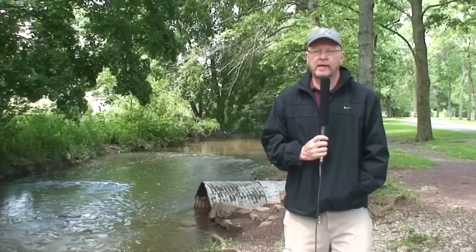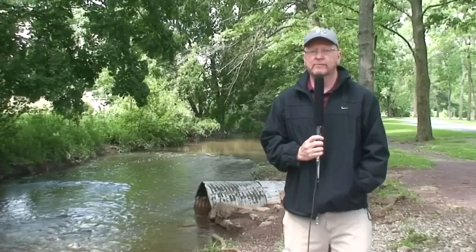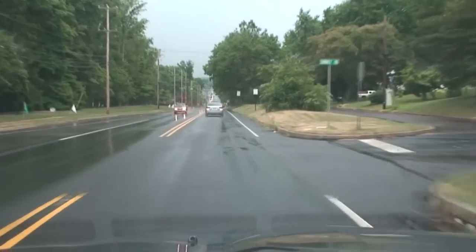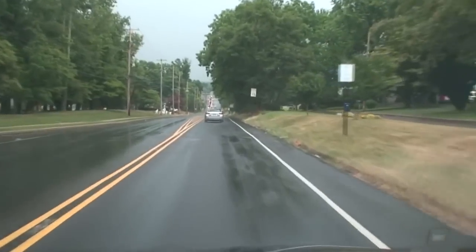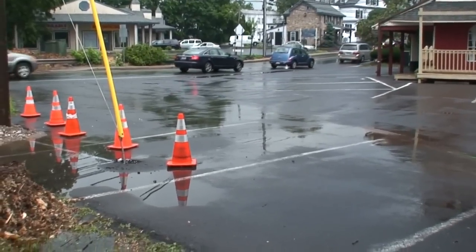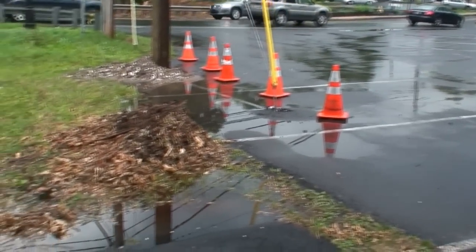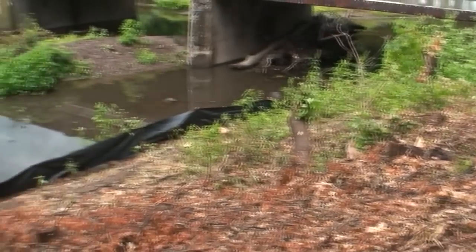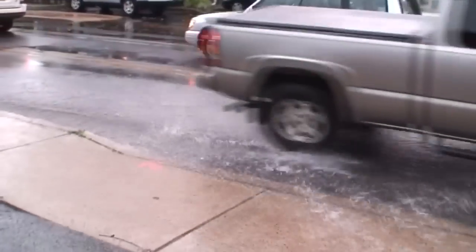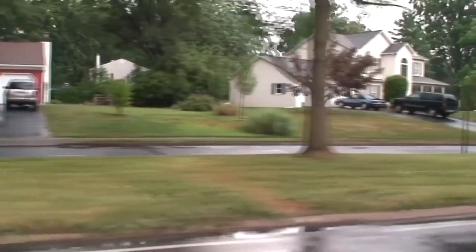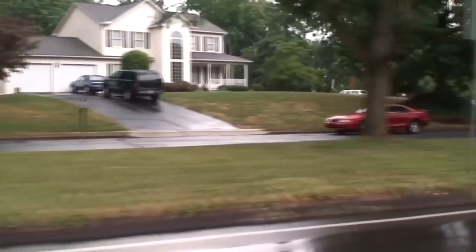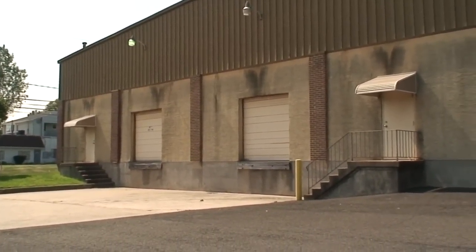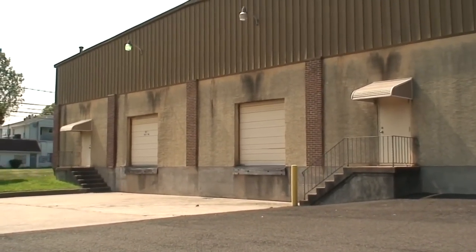Okay, the large corrugated pipe that you see behind me is conveying 23 acres of untreated stormwater runoff to Licking Run Creek. This untreated stormwater runoff is flowing off existing built areas and conveys pollution such as oil and grease from roadways, pesticides, herbicides, and fertilizers from yards and gardens, and also chemicals from the existing industrial park that lies north of Quakertown here.